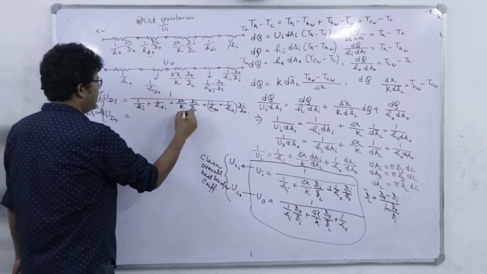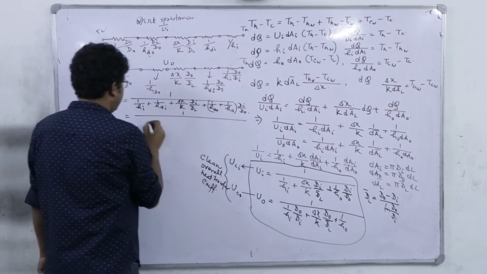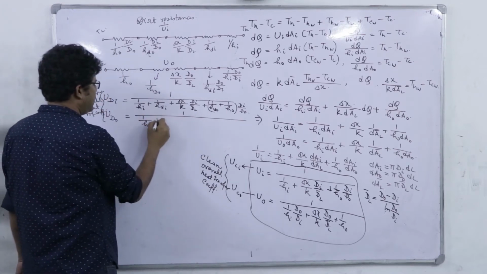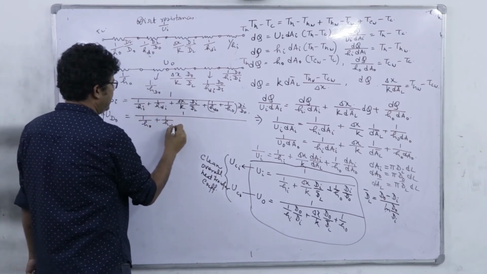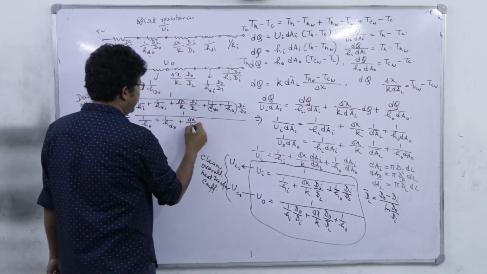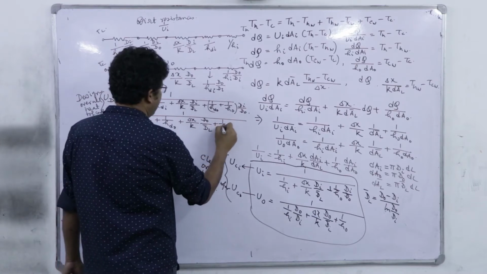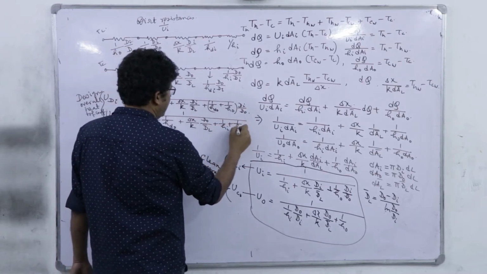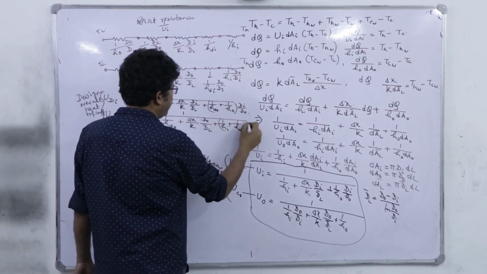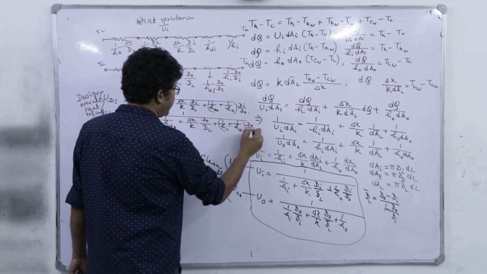And UDO will be equal to 1 divided by 1 by HO plus 1 by HDO plus delta X by K DO by DL bar plus 1 by HI plus 1 by HDI DO by DI, right.